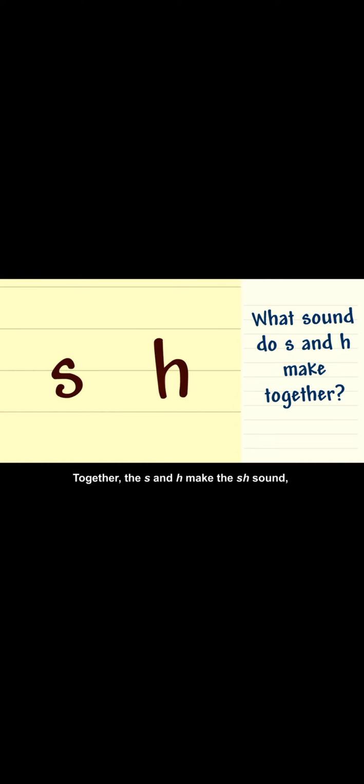Together, the S and H make the sh sound, as in ship or shark.